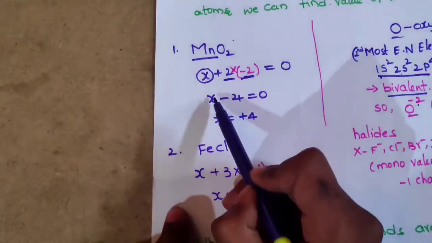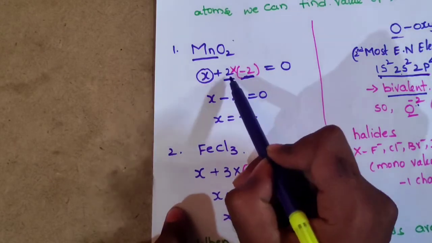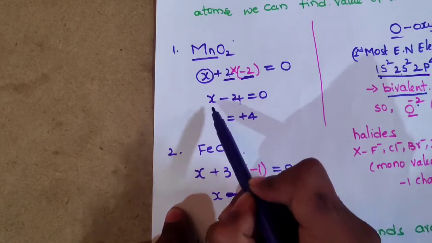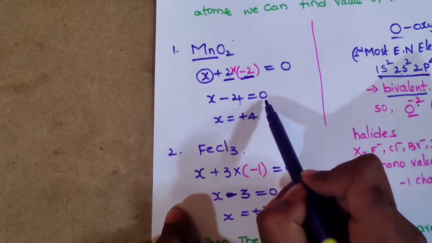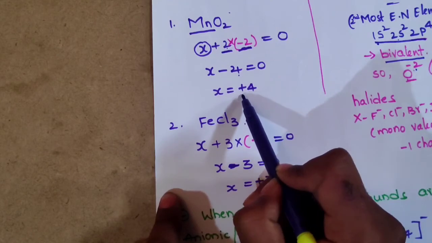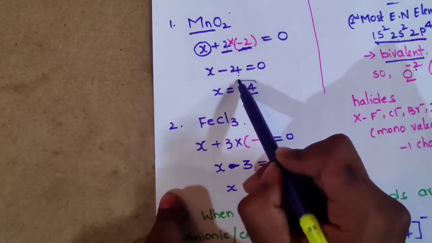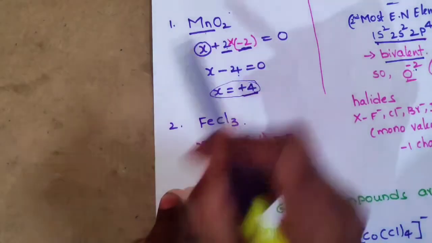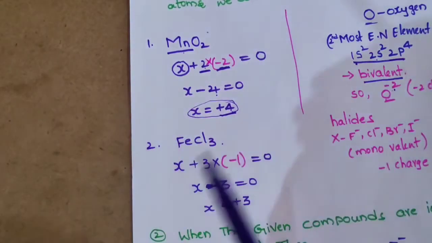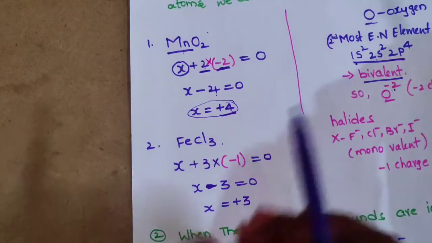Then X plus 2 into -2, which is -4, so X minus 4 equals 0, and X equals +4. So this is the oxidation state of manganese. So our first compound in the first option is completed.